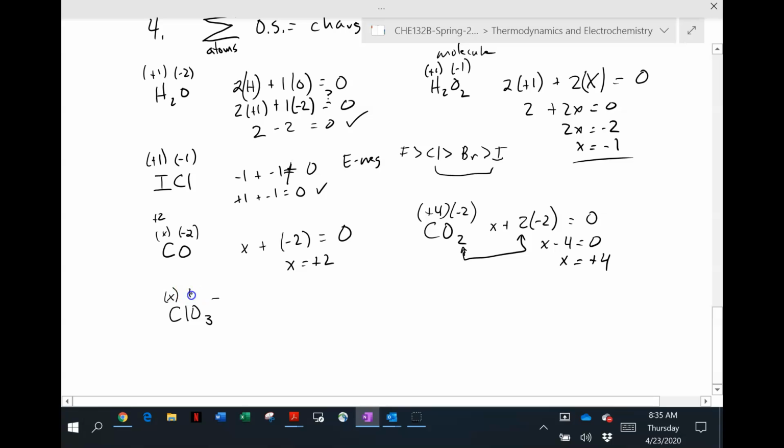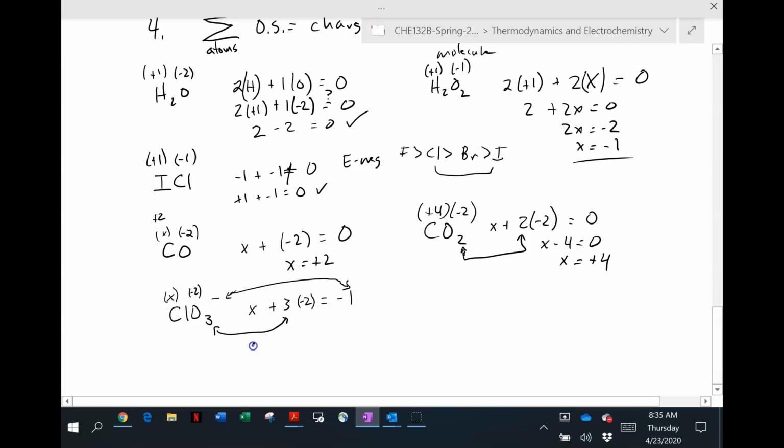The oxygen's -2 is going to take priority over that. So my equation is going to be X for the chlorine, I've only got one of those, and then I'm going to have -2 for the oxygen, and I've got 3 of those, right? And then my overall charge is going to be -1, which comes from the overall charge here.